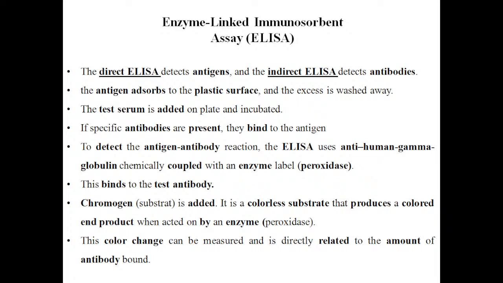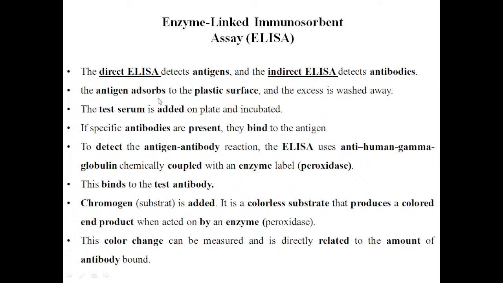If we are going to detect antigens, we should use known serum that is labeled with enzyme. If we are going to detect antibodies in patient serum, we should use anti-human anti-globulin serum that is linked with enzyme. You will understand, I will explain.